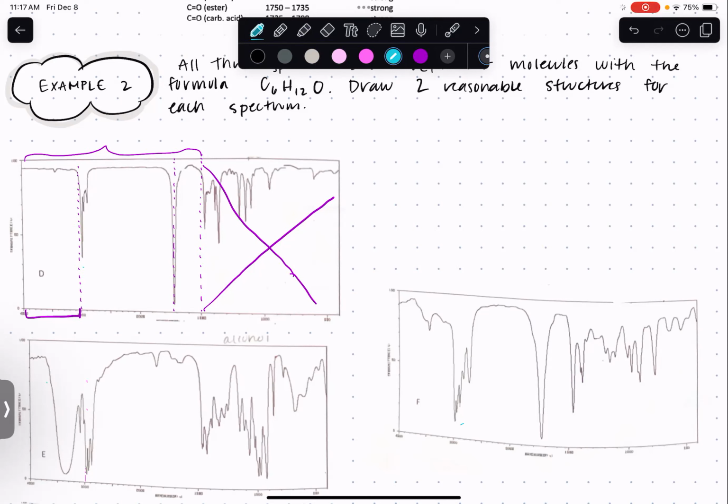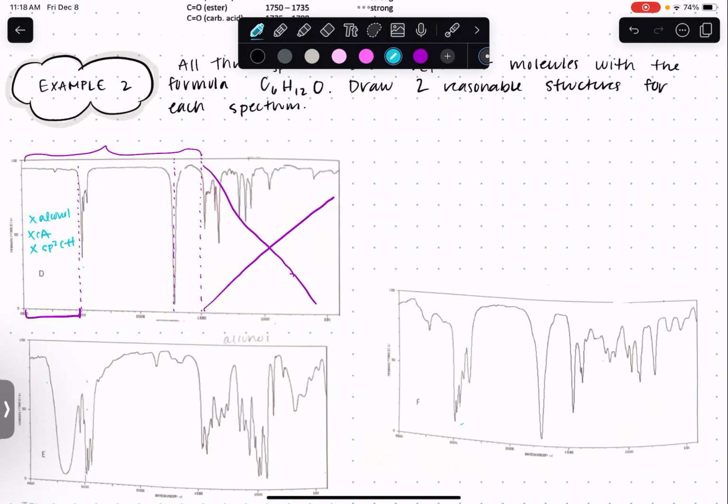So that tells me I don't have an alcohol. So no alcohol, no carboxylic acid. And then there's no sp2 carbon hydrogens. So that actually tells me a good amount of information about what else I possibly could have.